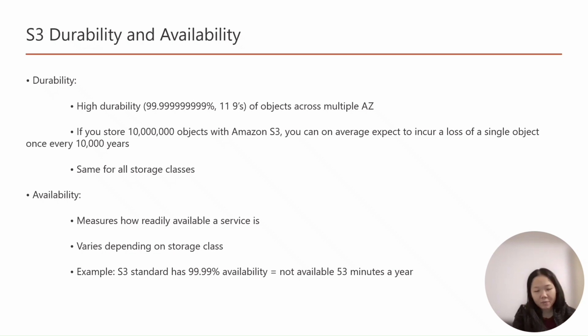What about availability? It measures how readily available a service is, and it varies depending on the storage class. For example, S3 Standard has 99.99% availability, meaning it is not available 53 minutes a year.